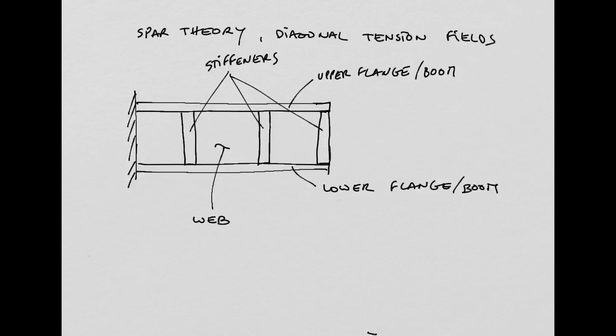These different components you have here in the spar will be responsible for carrying different types of stresses, of loads. For example, the webs will carry shear stresses. The stiffeners and the flanges will carry direct stresses, yeah? Okay, so these are the main components.